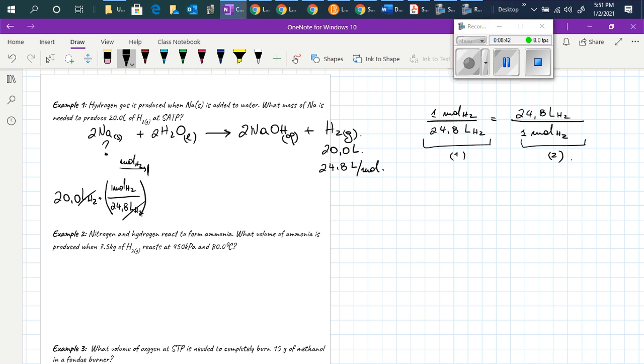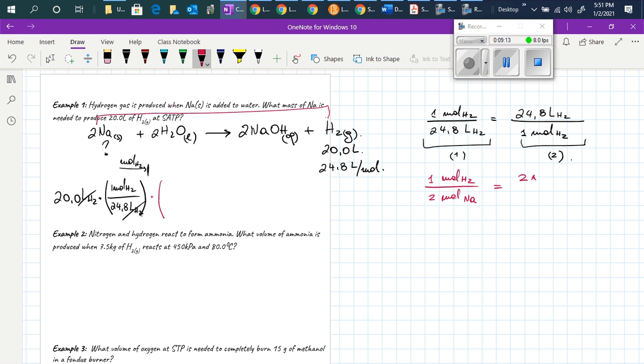Now we are looking for mass of sodium. So those are the two that we will relate. In order to relate those two, what we will use is the molar ratio. So what we have is 1 mole of hydrogen is produced when 2 moles of sodium are reacting.